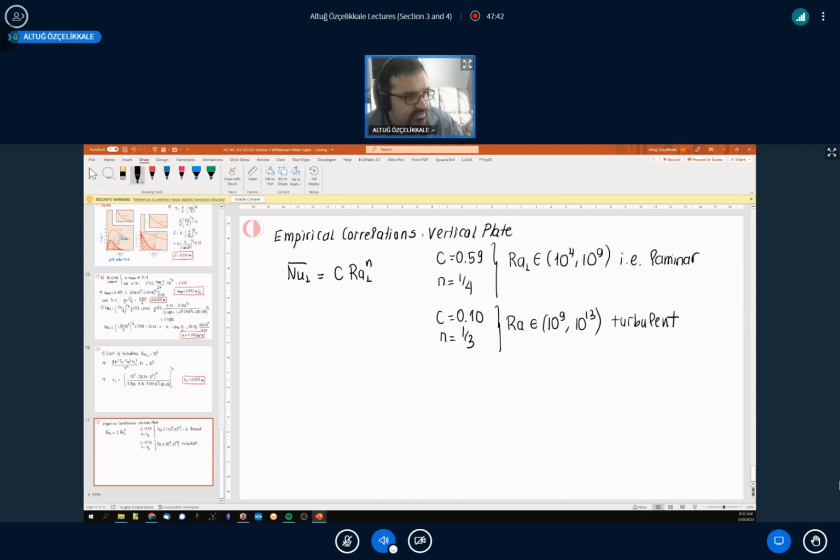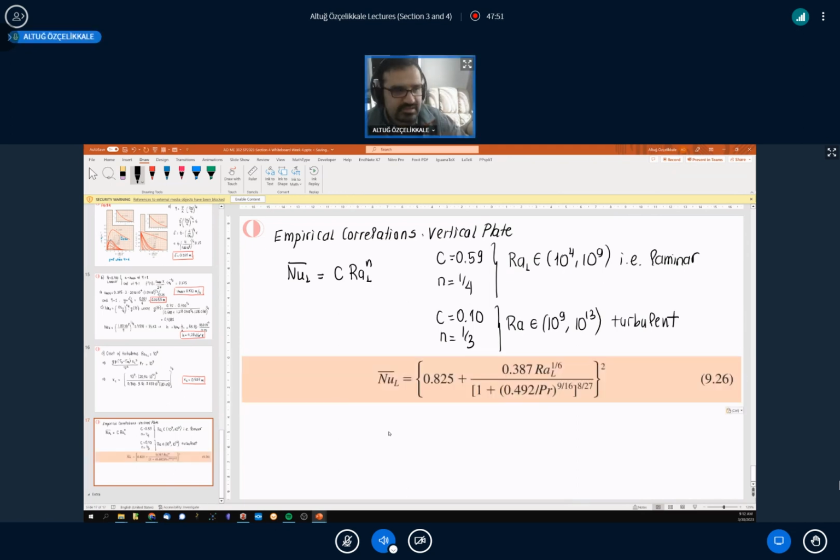Okay, so these are simple forms, but Churchill and Chu went to the trouble of correlating the whole range, and they obtained this. That's due to Churchill and Chu. This is for both laminar and turbulent conditions.